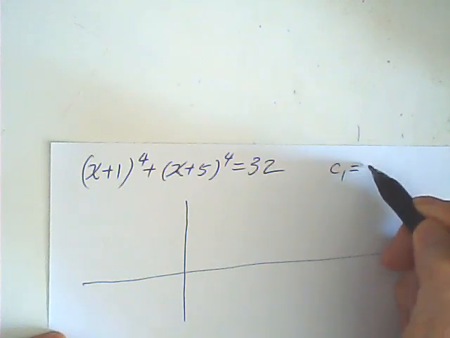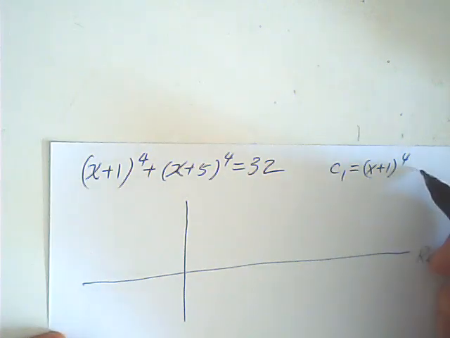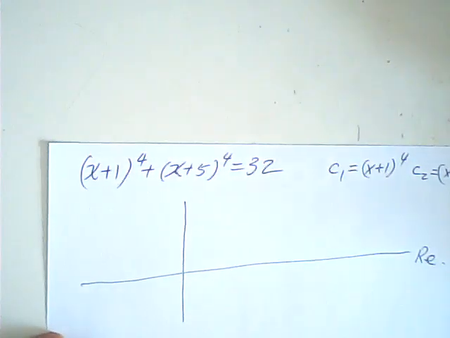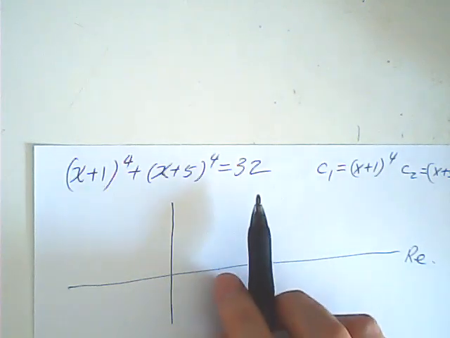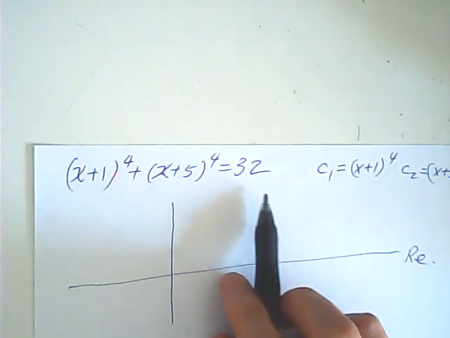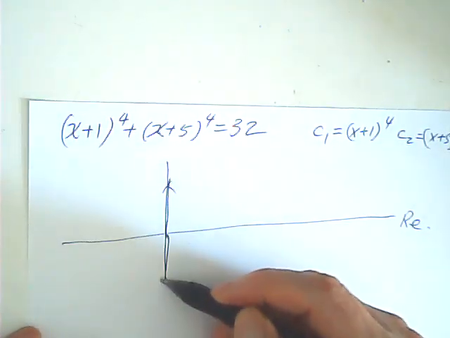I'll let C1 be this and C2 be this. These two complex numbers, the sum is 32. Okay, so this is not possible.